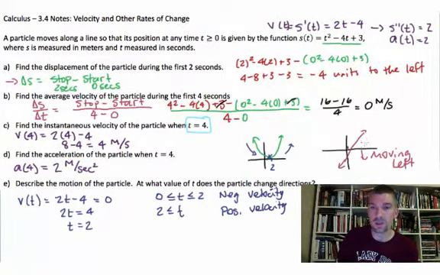And then once the particle hits the x-axis, right here, the velocity is 0. What happens when you have no velocity? You don't move, okay? You could also think of the particle below the x-axis as going backwards and slowing down. And then when you hit the x-axis, you're at rest. You're not moving at all. And then when you go across the x-axis, now we're moving forward or to the right.